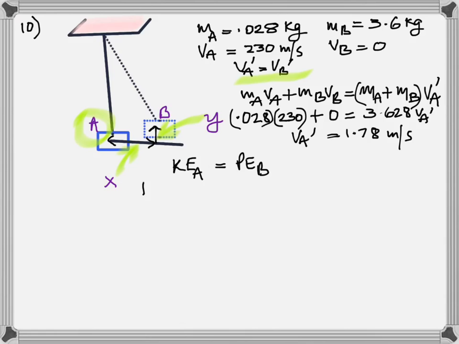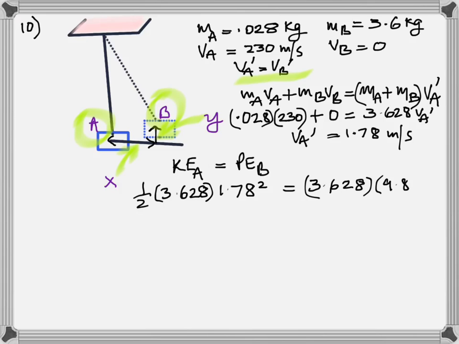And then use the fact that the kinetic energy at A becomes the potential energy at B. Because as the pendulum swings up, all its kinetic energy gets converted into potential energy.